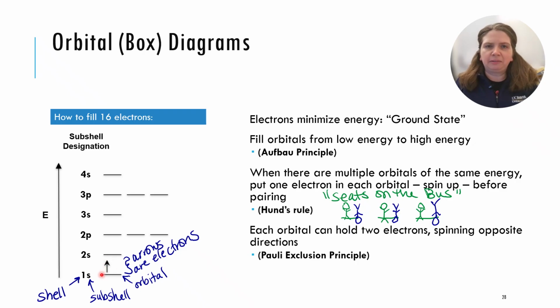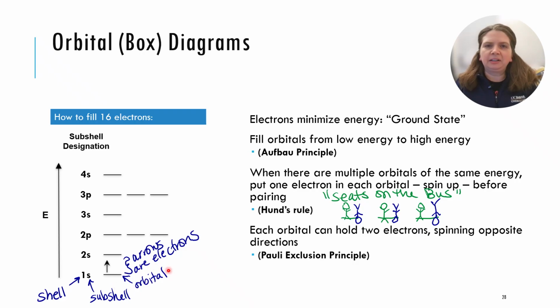You can draw full boxes. Moving upward in energy, we list the additional subshells such as 2s, 2p, 3s, 3p, and 4s. Again, you may see these drawn as boxes, but I am going to be using lines. Arrows are going to be used to represent the electrons.